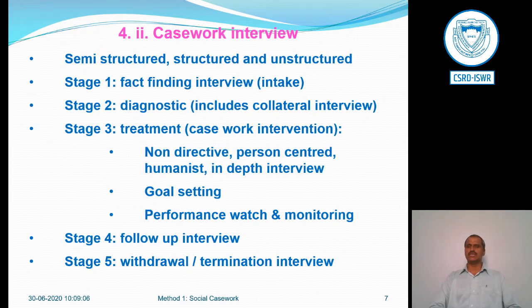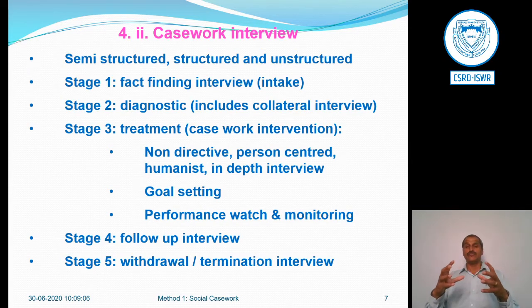Structured interview means the intake record. There is a fixed format and all the objective information is collected from the client in a proper written format. Unstructured is the in-depth interview where there is no fixed format, but the questions are focused on the problem the client faces.